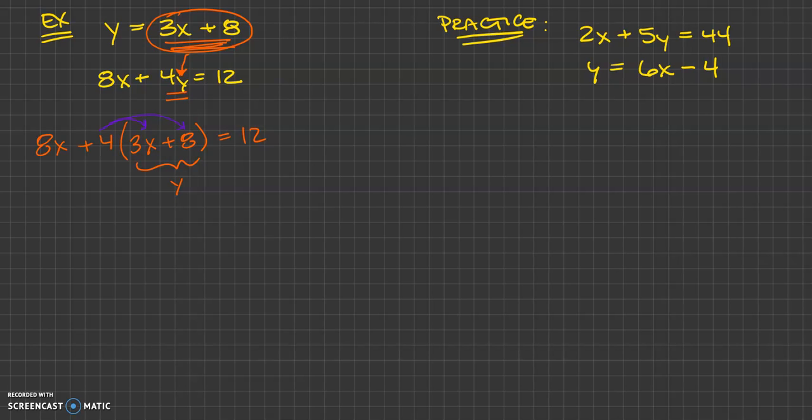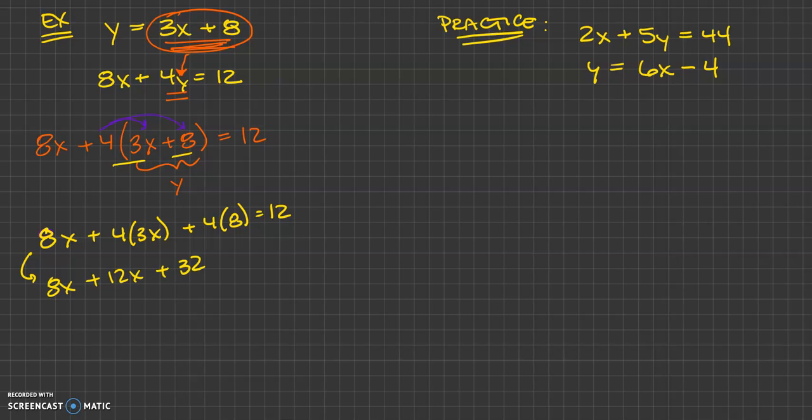All right, let's keep going. So let's make that a little brighter. 8x plus, I'm going to write all of this out just so that I hope it helps. You could do some of these steps in your head, but we have 4 times 3x and then 4 times 8. So if we were to go one more level, that's going to be 8x plus 12x plus 32 equals 12.